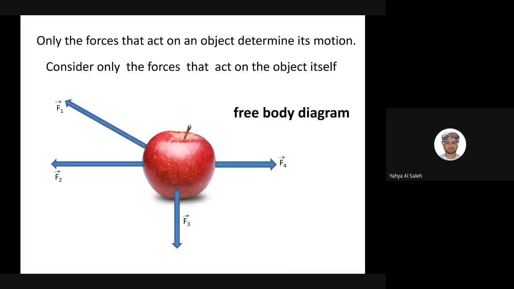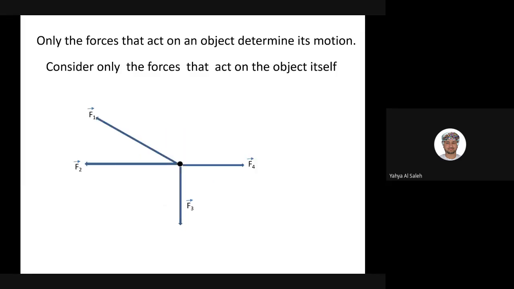Now, if you are artists in drawing like me, you can draw it this way. If you are like other people, some people who are modest in their drawing skills, drawing an apple might be a little bit difficult. So we just draw a dot.